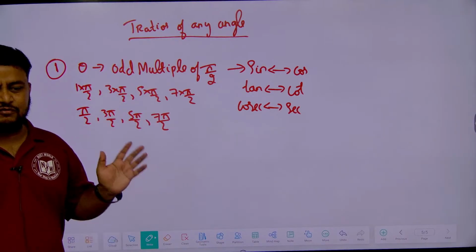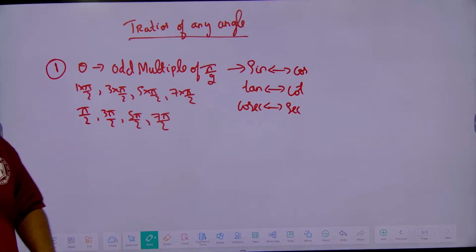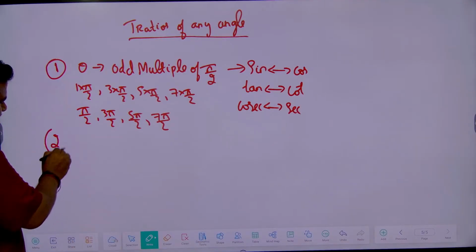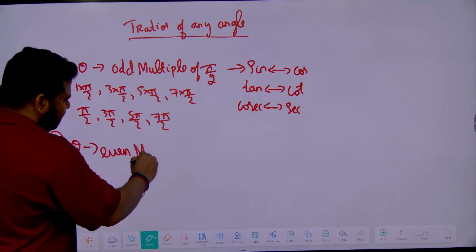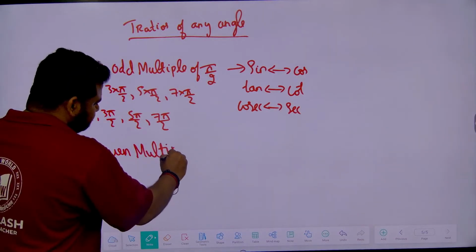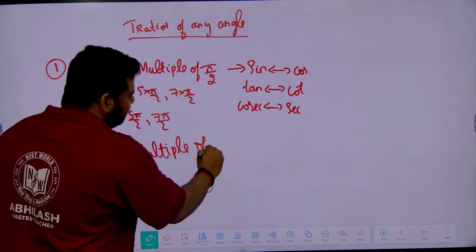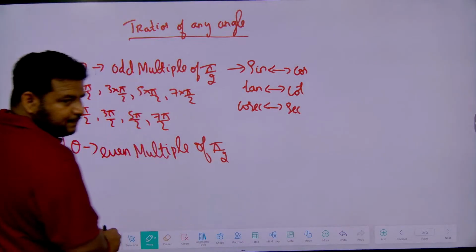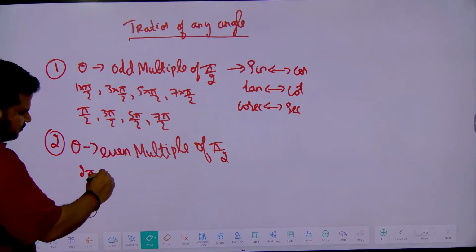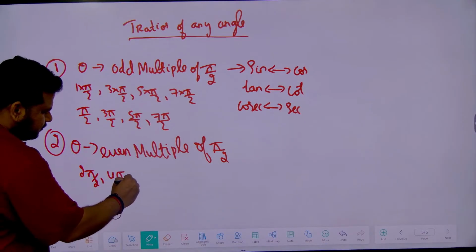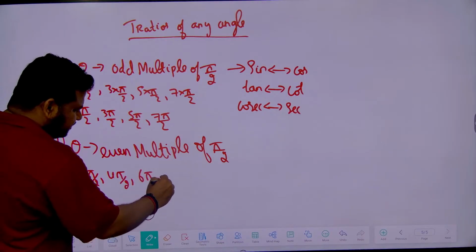Now you may be thinking what happens when it is an even multiple of pi by 2. Even multiple of pi by 2 means what? We are having 2 pi by 2, 4 pi by 2, 6 pi by 2, like this it goes on.